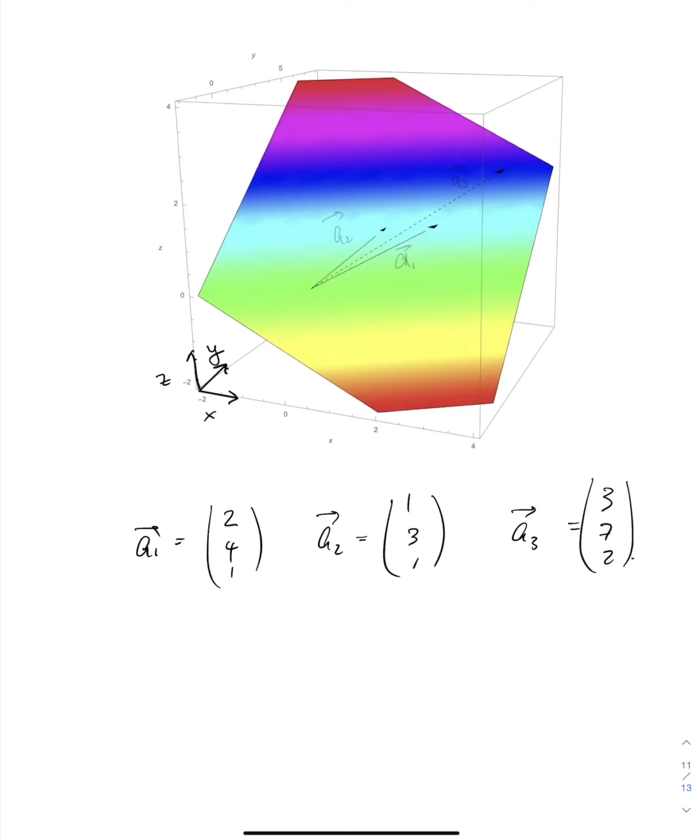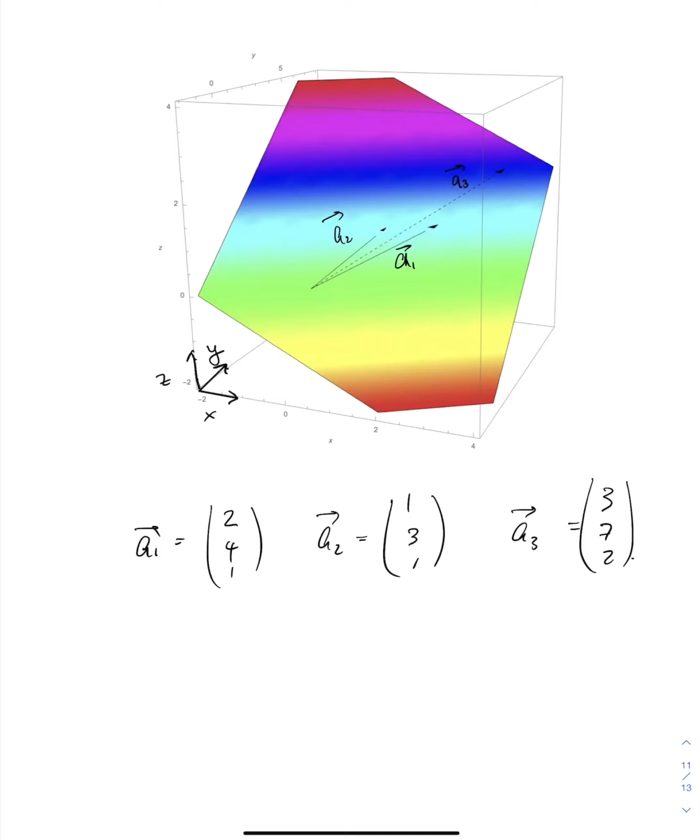This vector here is A1. Over here we've got A2, and in the dashed line we've got A3.